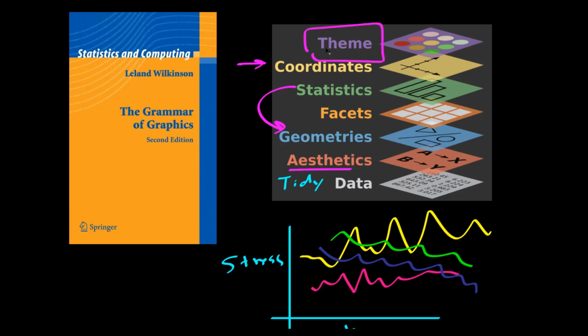And then on top of this, you can layer on a theme, which is like colors and the background and the fonts. And the nice thing about this philosophy is that you can switch up different layers without affecting the other ones. So you can easily move from a scatter plot to a line plot to some kind of two-dimensional density plot to something with a certain theme or a different coordinate transformation without having to completely redo everything from scratch.